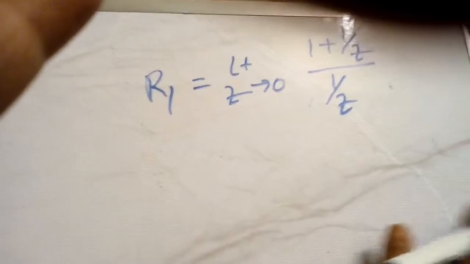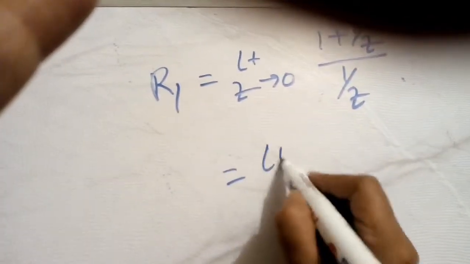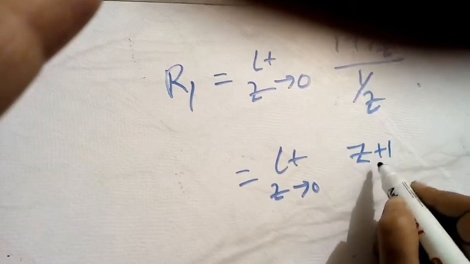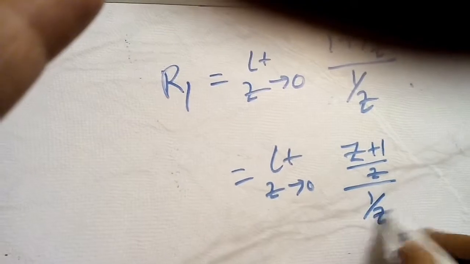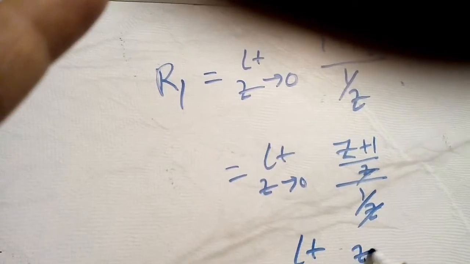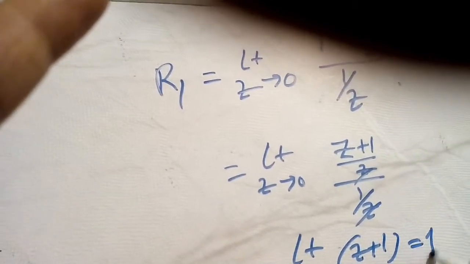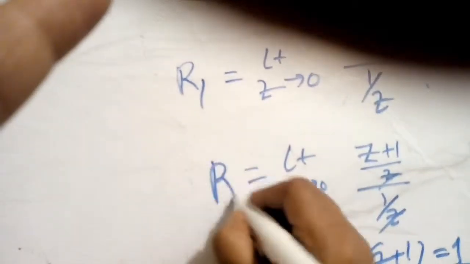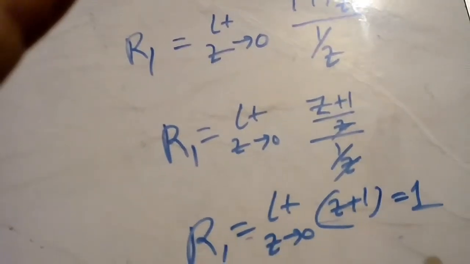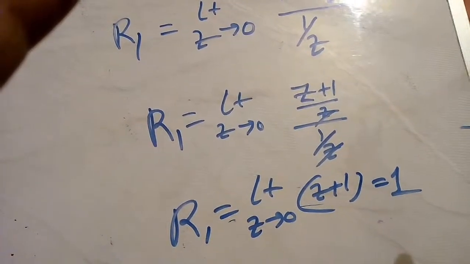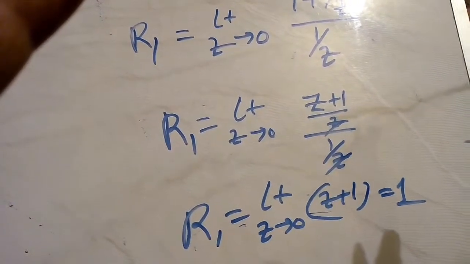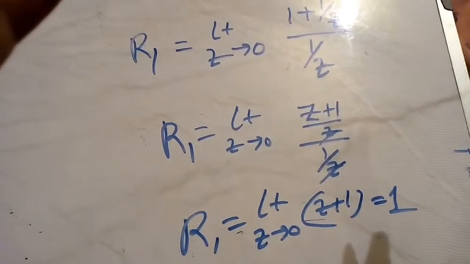After dividing, z cancels, so that means limit z tends to 0 of z plus 1. After putting in the value, r1 is 1. So r1 is 1, which is the coefficient of 1 by z in the above expansion. Clear? Okay, thank you.